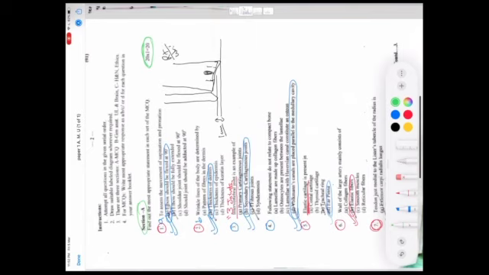Let's be fast. There are two bones, and in between you have an interosseous membrane.